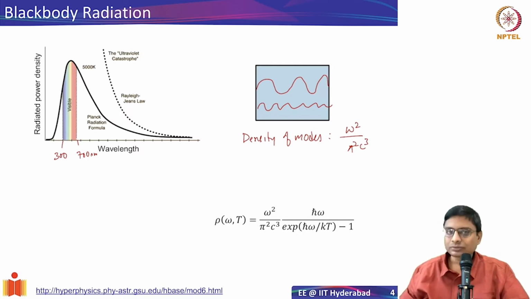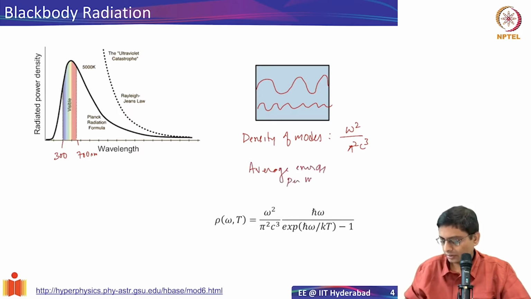Now, classical theory tells us that each mode is indistinguishable, and if the body is heated to a temperature of T, it should have an average energy per mode of kT.